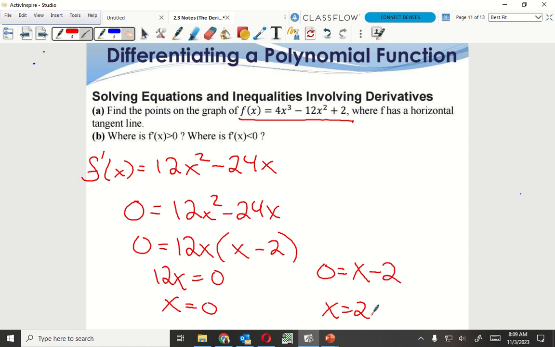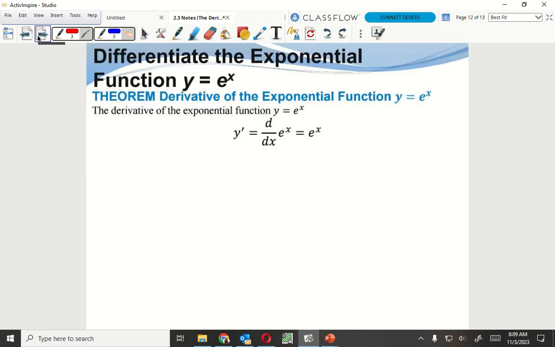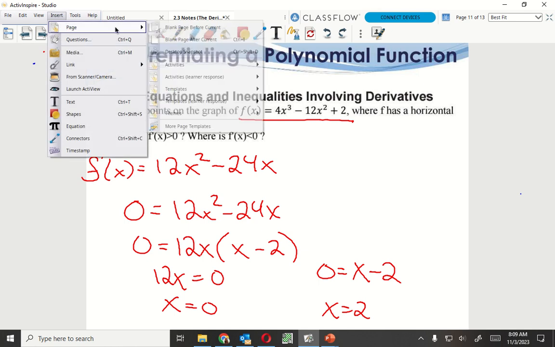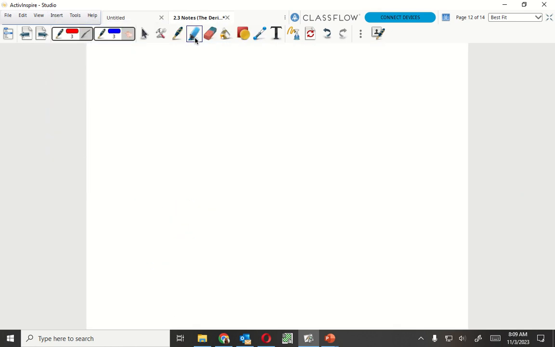Now, where is f prime of x greater than 0? What I'm going to do with this one is a number line, and then we're going to graph it afterwards. So I have 0 and I have 2. My number line. Okay?